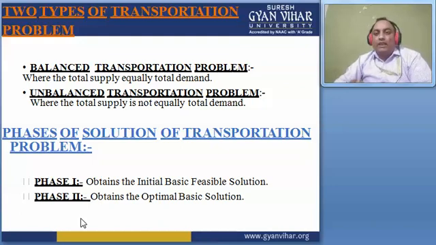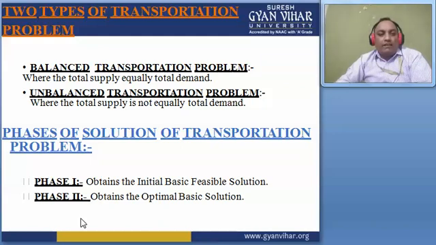If the total supply is equal to the total demand, this problem is related to the balanced transportation problem. And unbalanced transportation problem is where the total supply is not equal to the total demand.